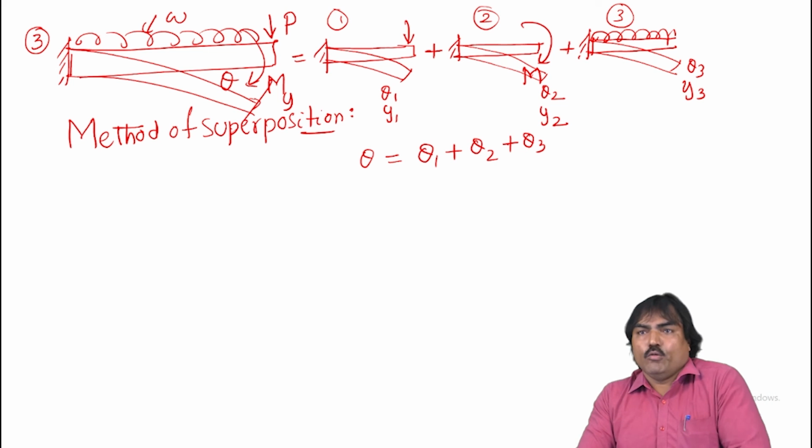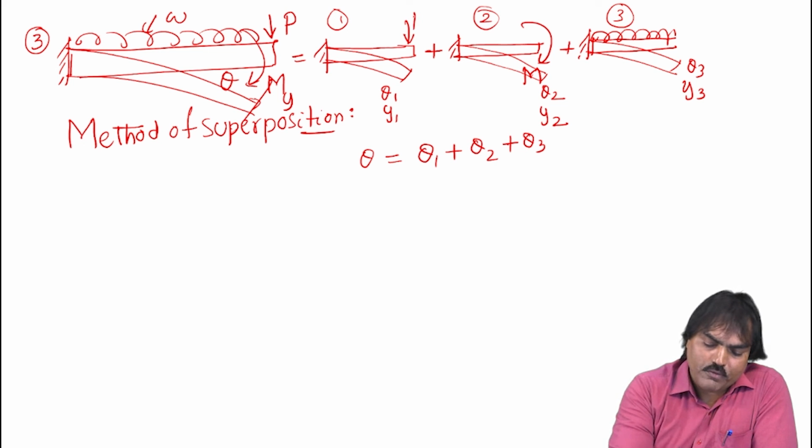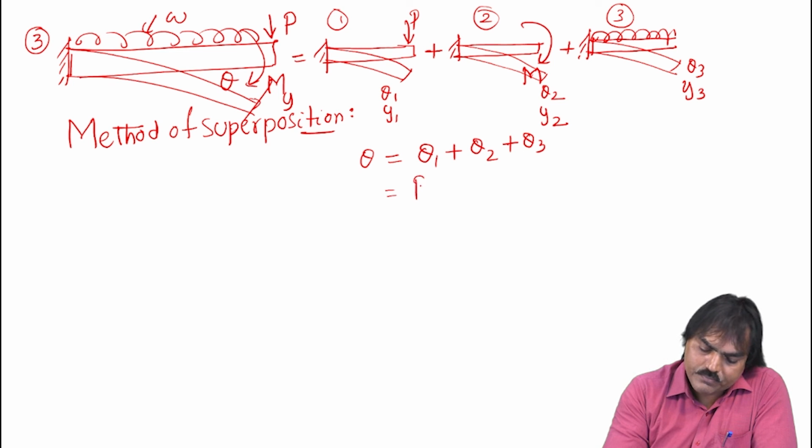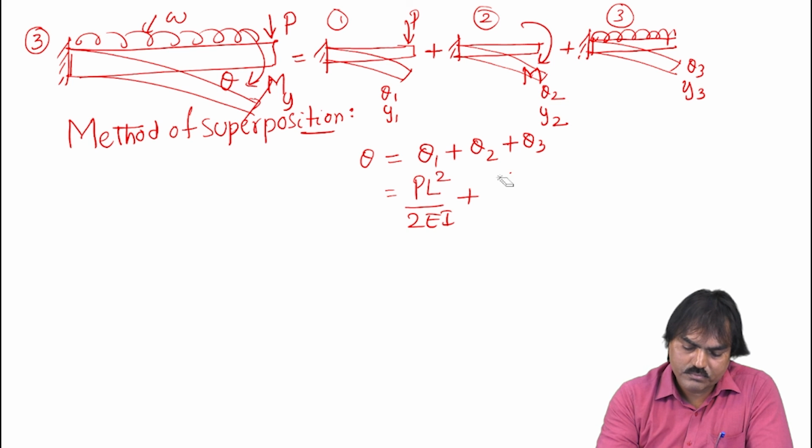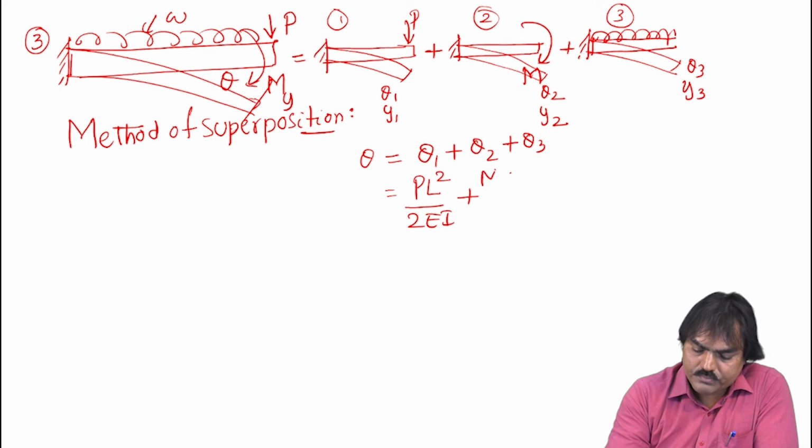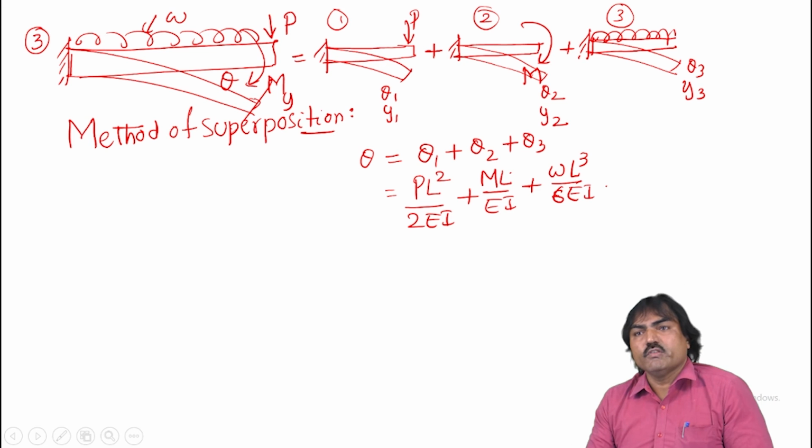This is the resultant slope. With respect to values, we already know the formulas. This is PL square by 2EI plus this is ML by EI plus this is WL cube by 6EI.